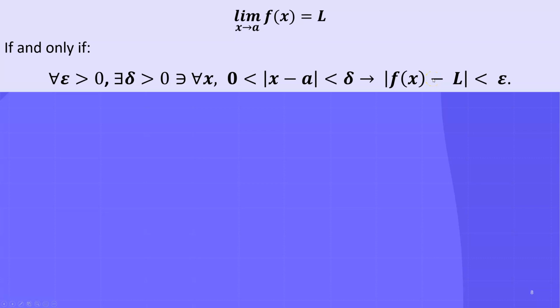Meaning if an x value is within the delta neighborhood of a, then the f of x value will be within the epsilon neighborhood of L.